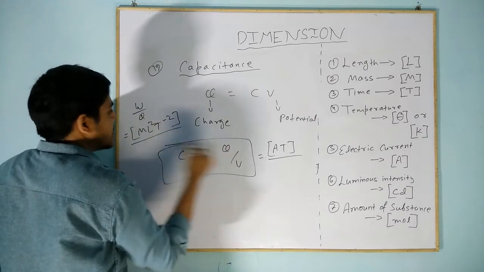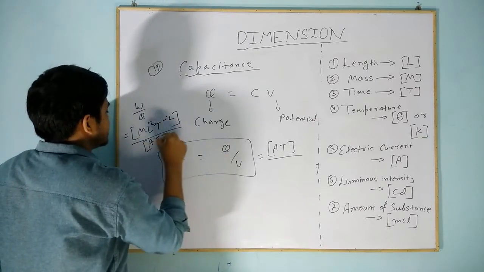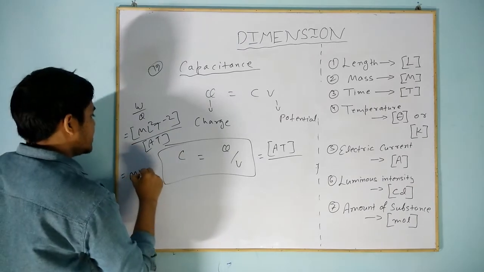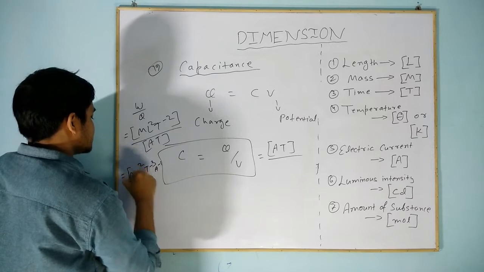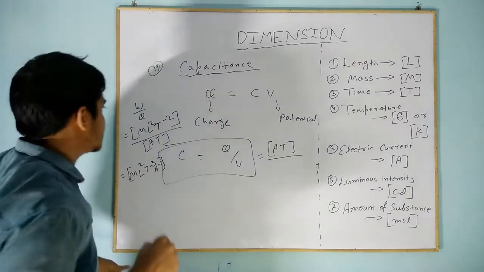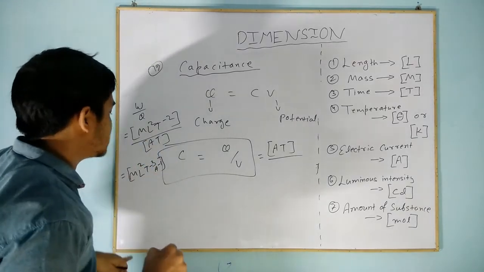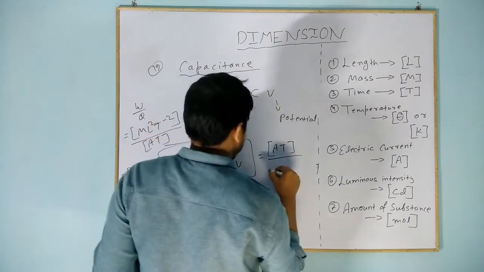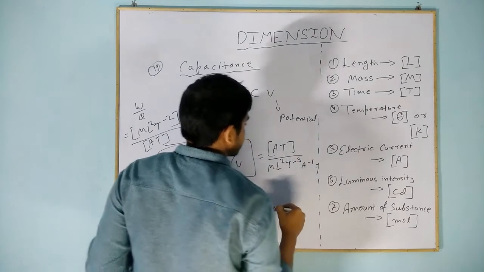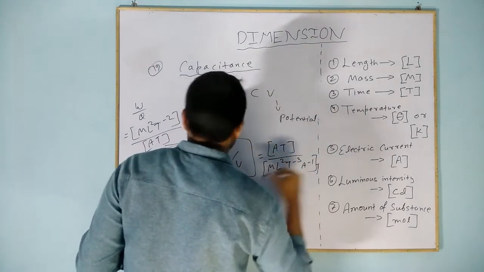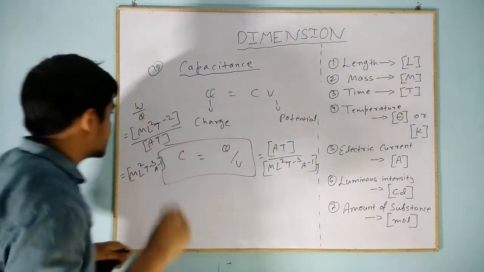Charge is AT. So ML square T raised to the power minus 3 A raised to the power minus 1. This would be the dimensional formula of voltage. Clear?